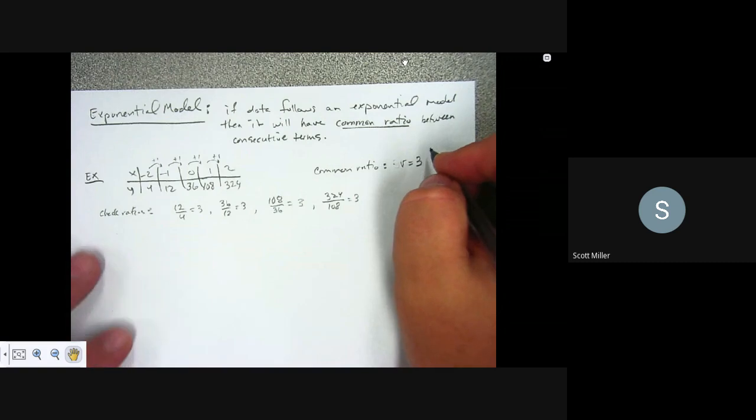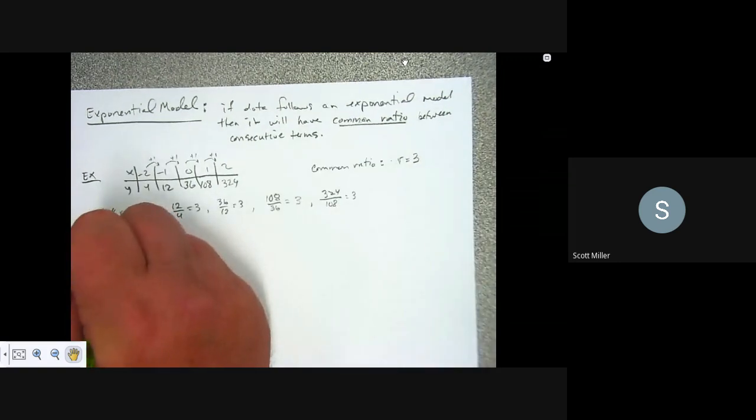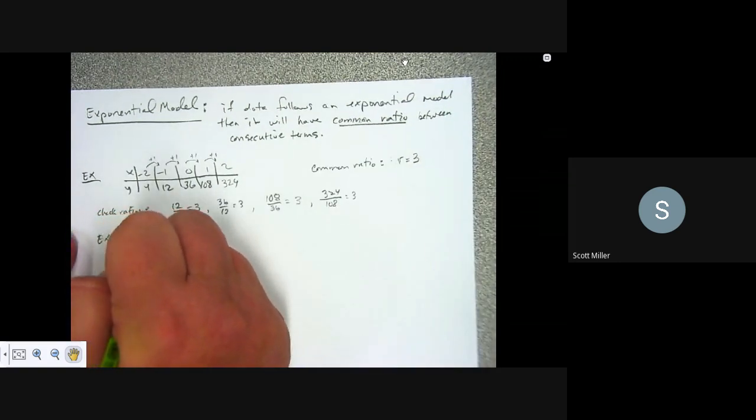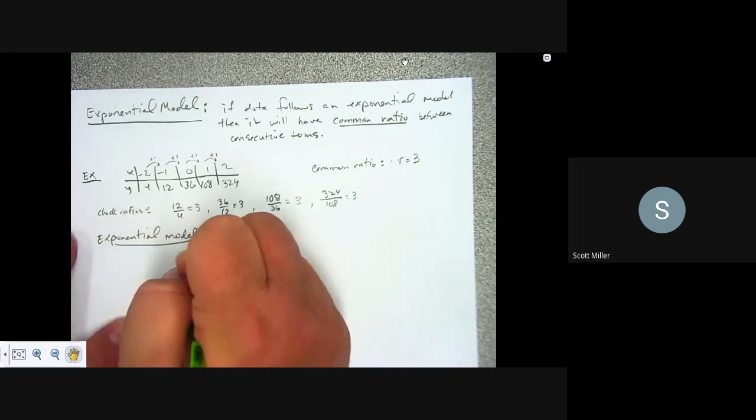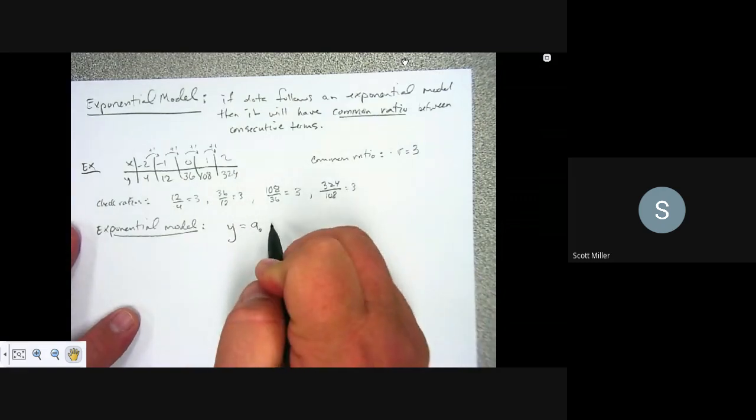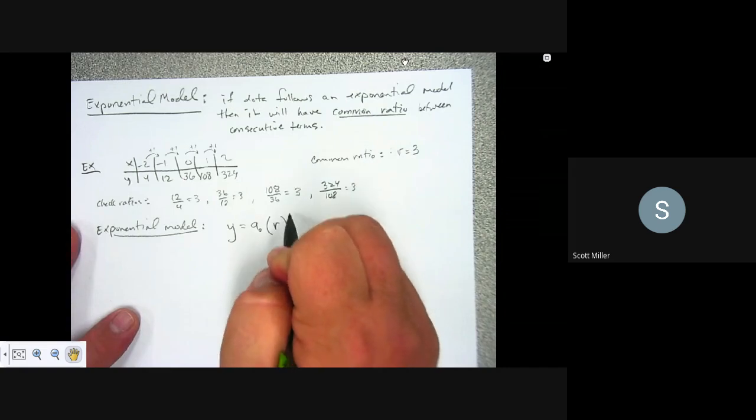Okay? So what is our exponential model? We had this before. Okay? Depending on what you're doing, there might be slight modifications to this, but it really boils down to this. You're going to have y equals a number to start with, an initial value, and then you're going to have the common ratio to a power.